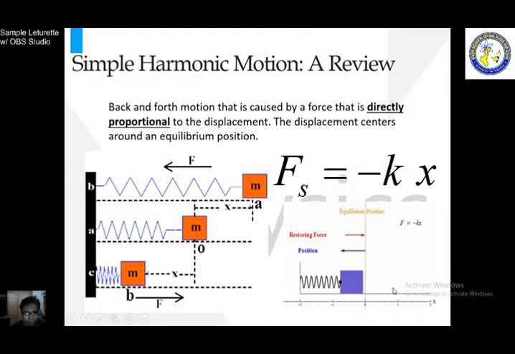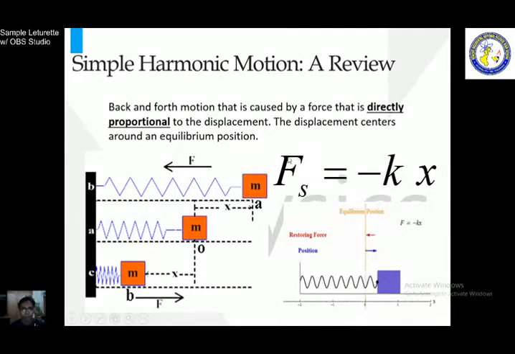When you press the spring, it will be compressed in this direction, and once released, it will stretch in this direction. Then again, it will go back to its compressed state, and then be stretched again. This motion is repeating, causing it to exhibit simple harmonic motion.